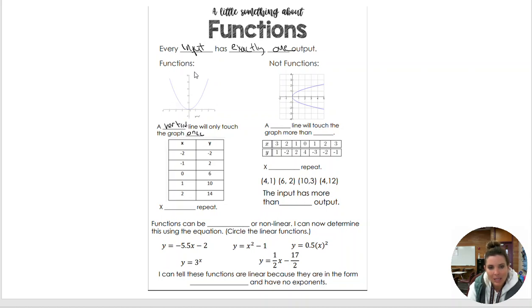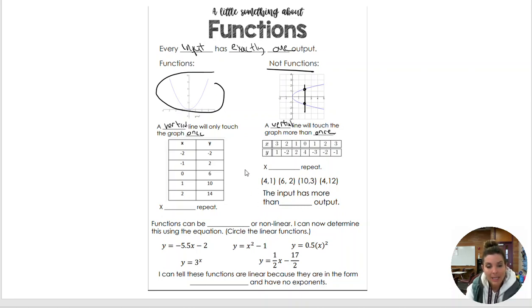So the first one right here, this is a function. It passes the vertical line test. But this one is not a function because if I pass a vertical line through here, you can see it's touching more than one point, okay? So if it's not a function, a vertical line will touch the graph more than once.